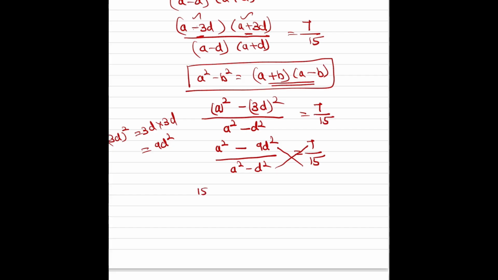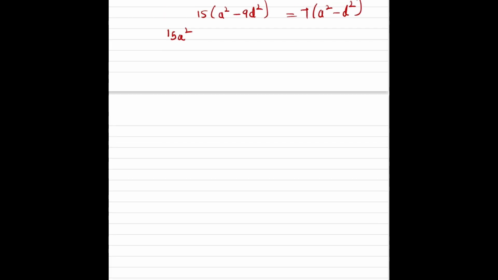So, 15 into A square minus 9D square equal to 7 into A square minus D square. So, now 15 into A square is 15A square, minus 15 into 9D square, that is 135D square, equal to 7 into A square, 7A square minus 7D square.